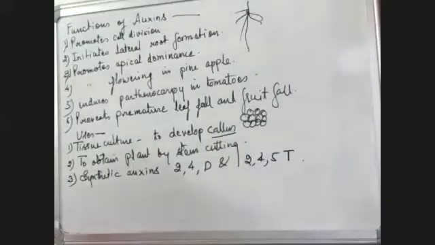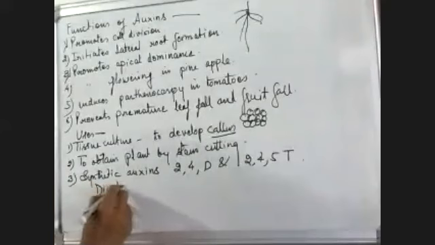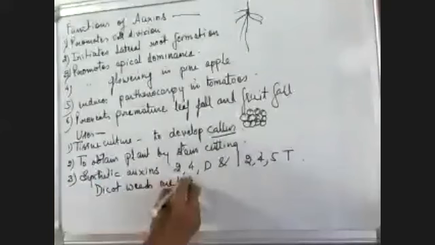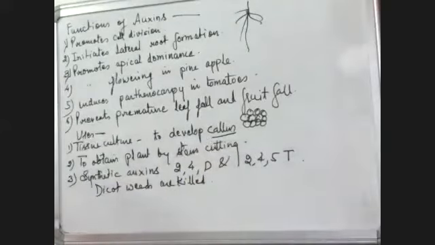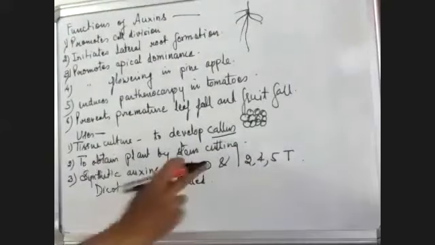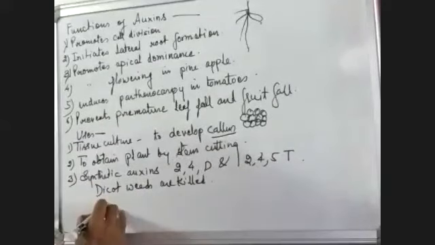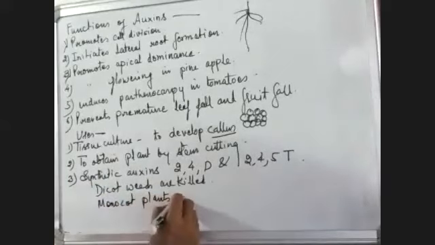These two synthetic auxins are used for killing weeds, especially dicot weeds. Dicot weeds are killed by using 2,4-D and 2,4,5-T. They do not harm or damage the monocot plants.